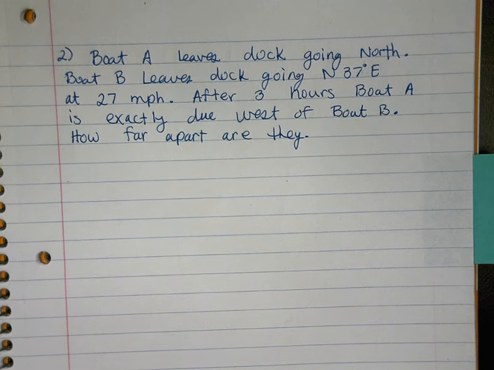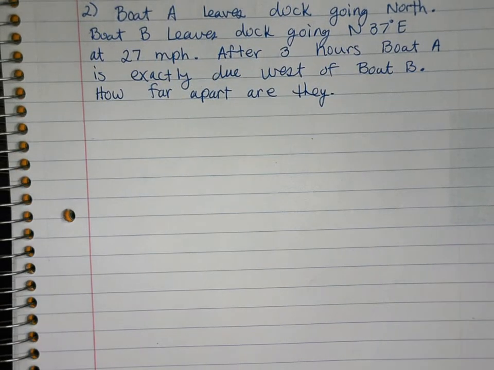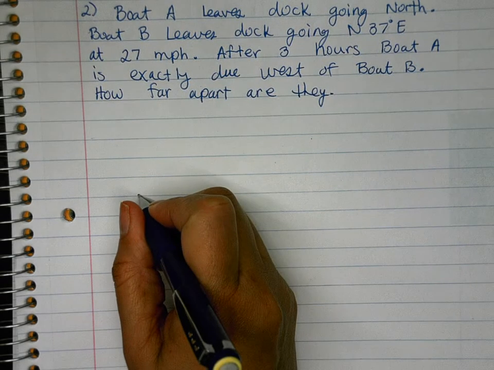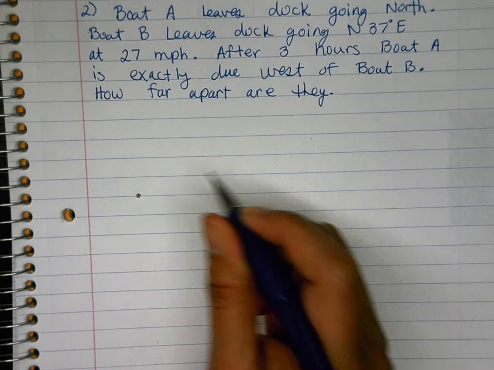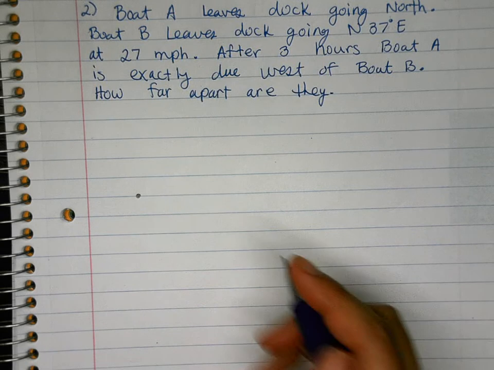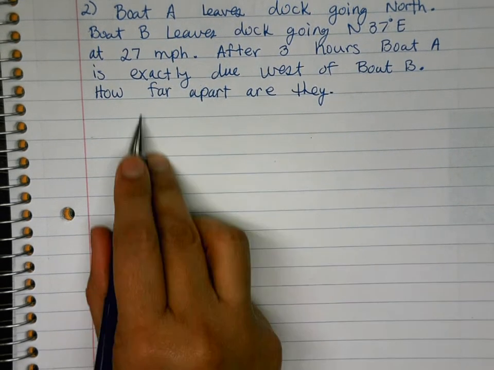Okay. So boat A leaves dock going north. Boat B leaves dock going north 37 degrees east. Okay, so I'm going to make my dock here. They talk about docks or ports, their home base. I'm going to make it here since I'm going to be going north, and so I'm going to leave myself room to draw my picture.